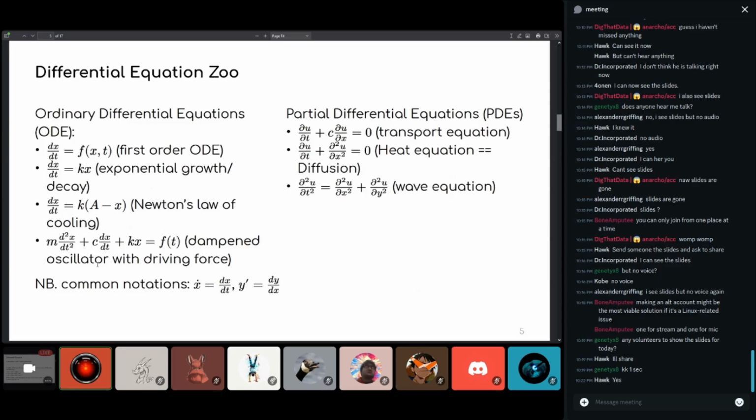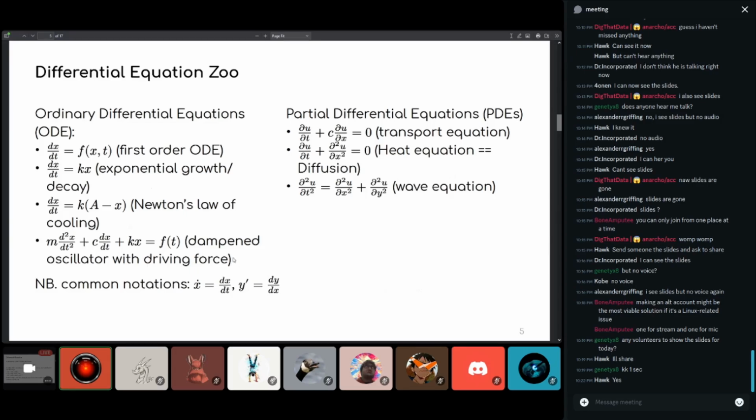If you just have this second order term and kx and the other thing equals 0, that's called a harmonic oscillator, which oscillates back and forth between two values. And this dx over dt term is called a drag term or a dampening term, because it means you have some resistance to speed.